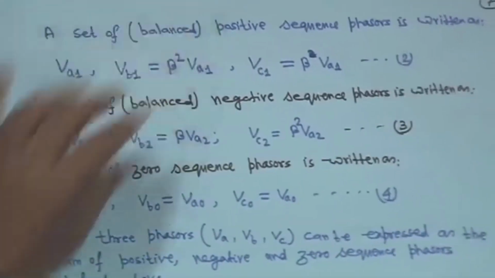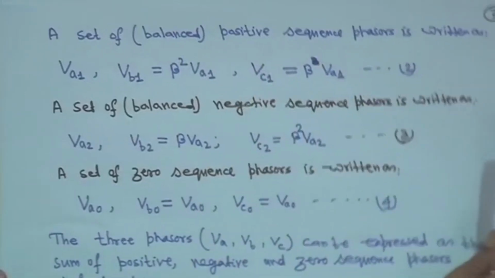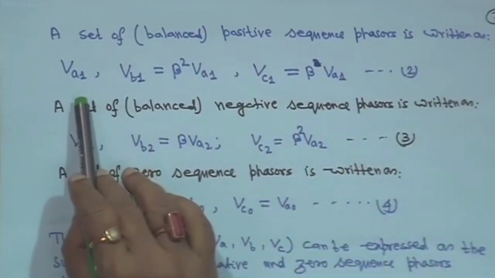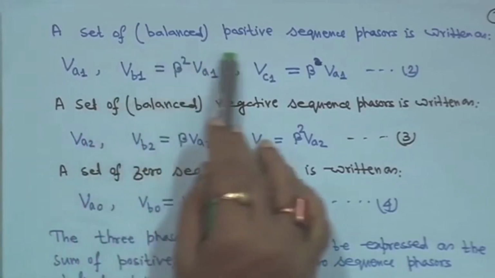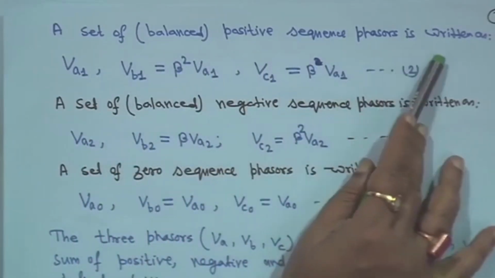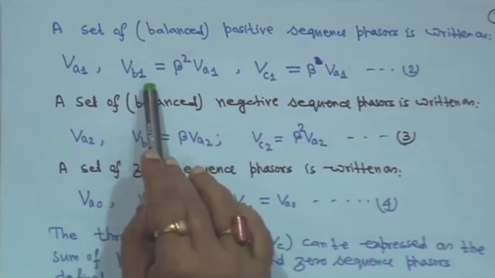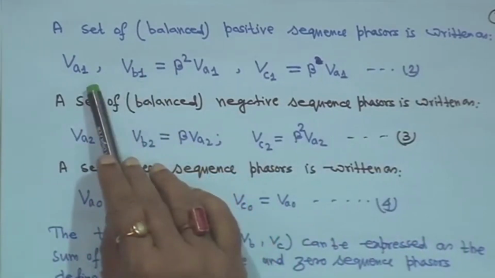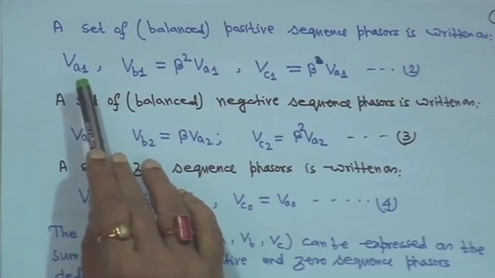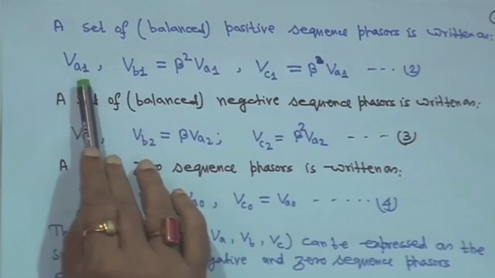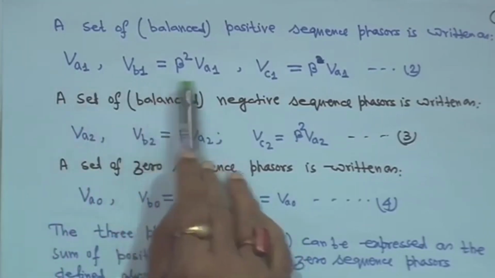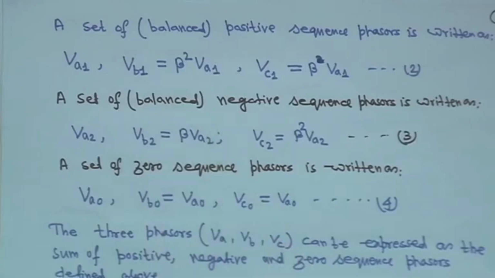A set of balanced positive sequence phasors, the same way we have seen for the ABC sequence. Here also, this is a balanced positive sequence phasor and the sequence is ABC. So, the way we wrote it, we will write the same: Va1 is V1.